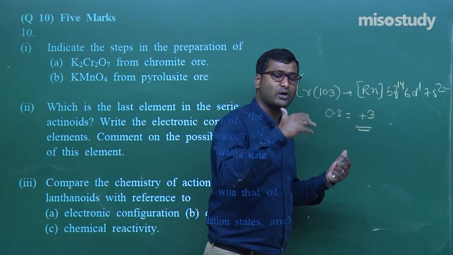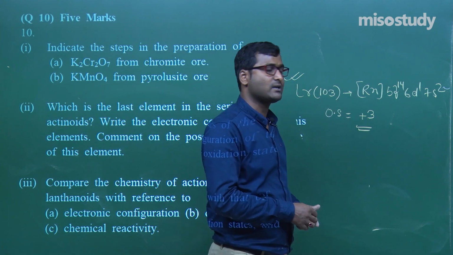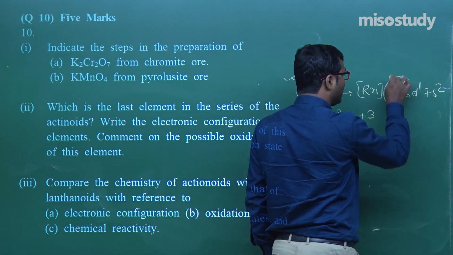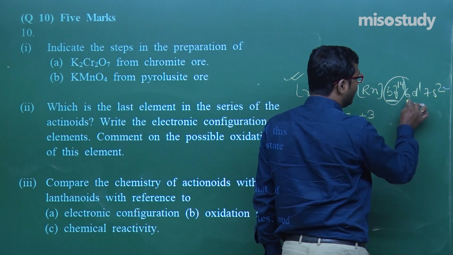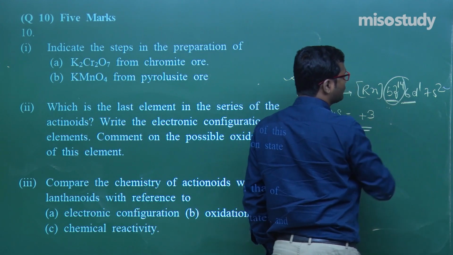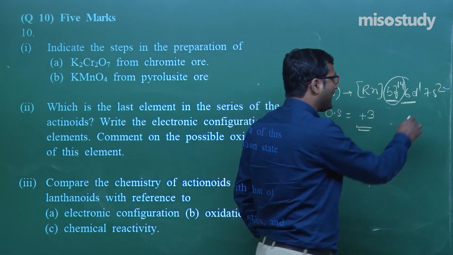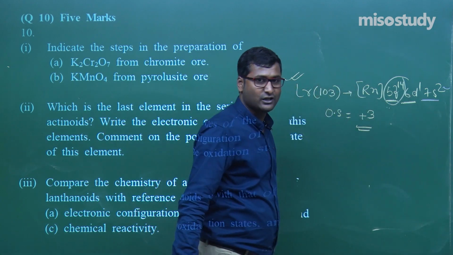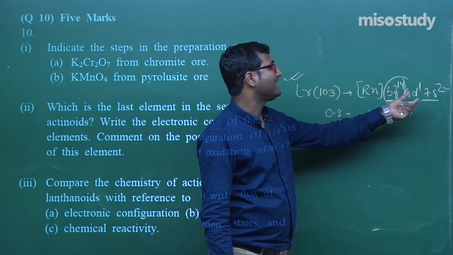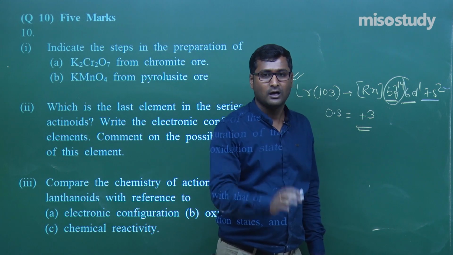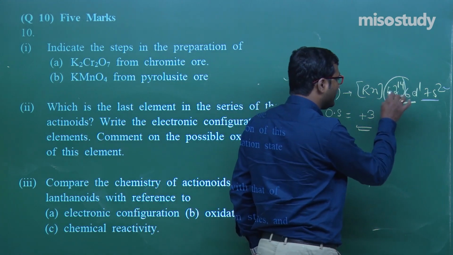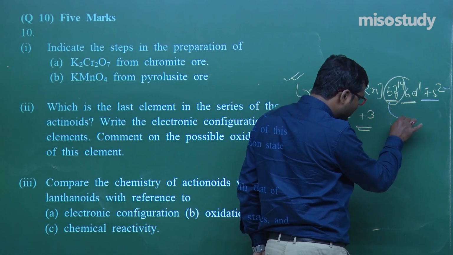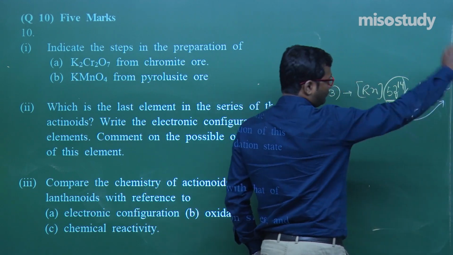It cannot show +1, +3, +4, +5, +6, +7, because the energy difference between the (n-2)f subshell and the (n-1)d or ns subshell is very large. Due to this reason, it is very tough to transfer an electron from here to above.